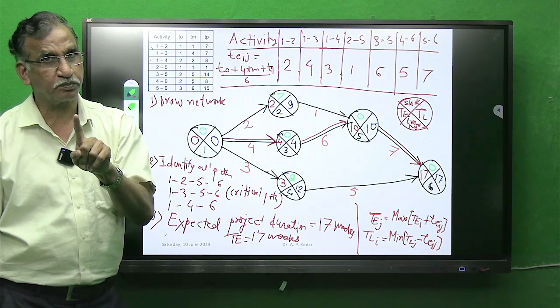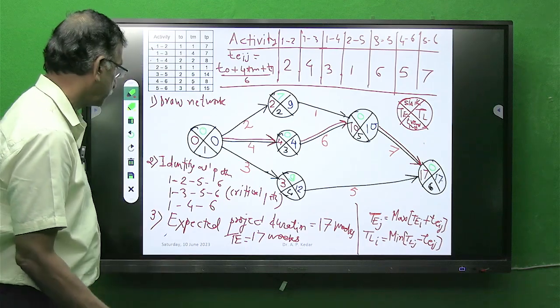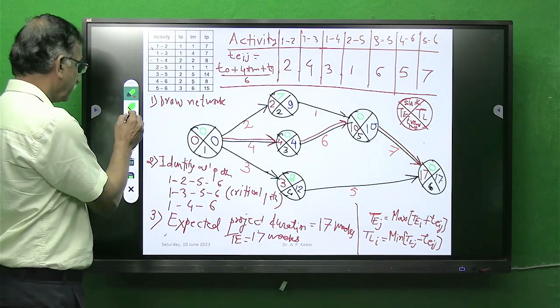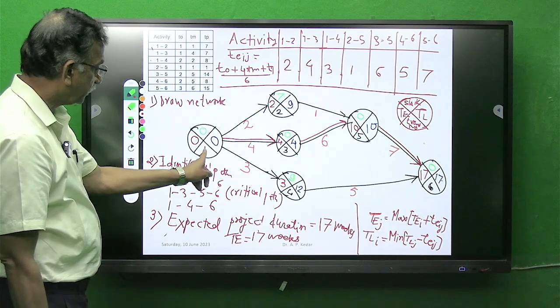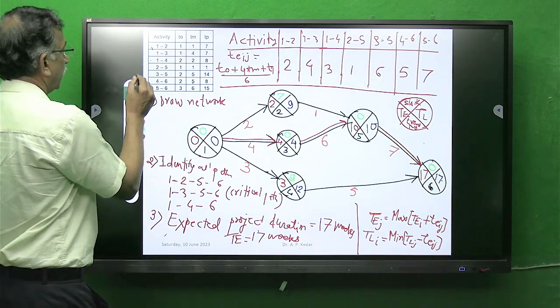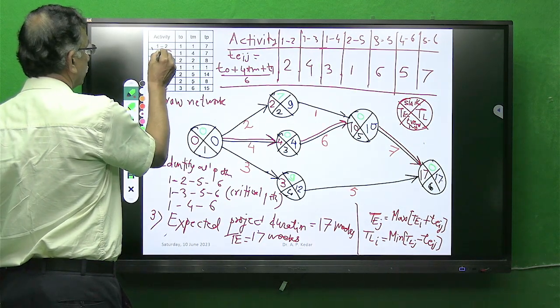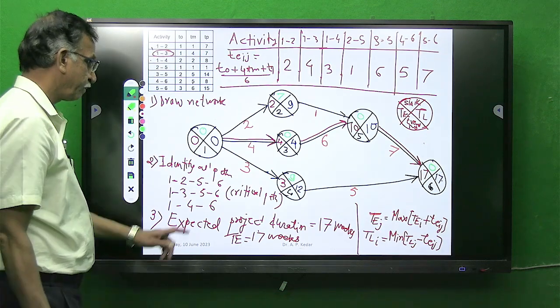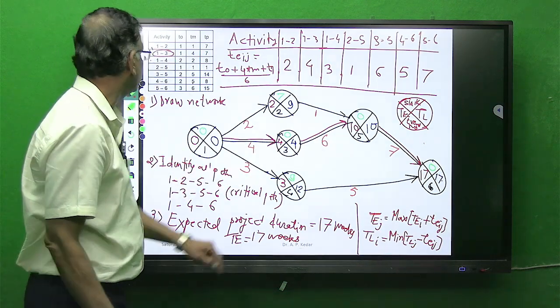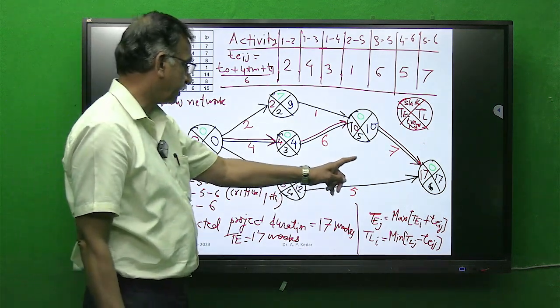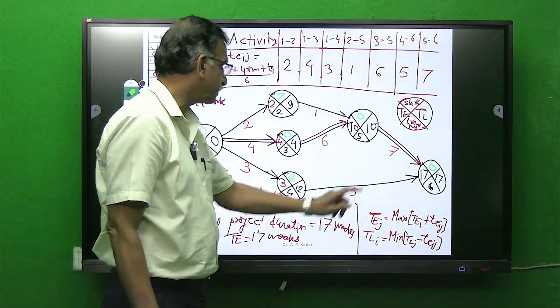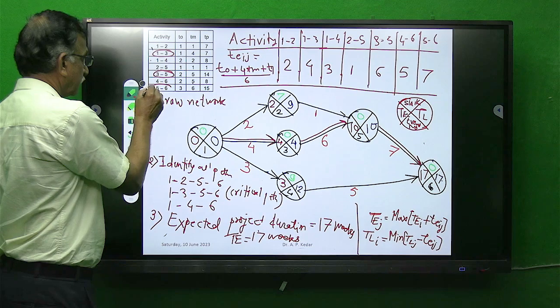Important, sum of variance of critical activity. Now, see here, very important. Critical activities are 1-3, 3-5, and 5-6.